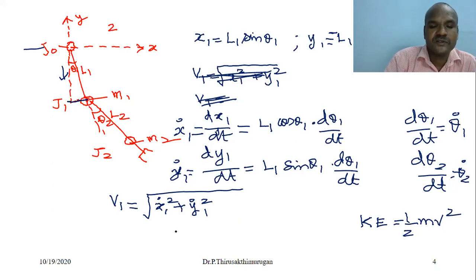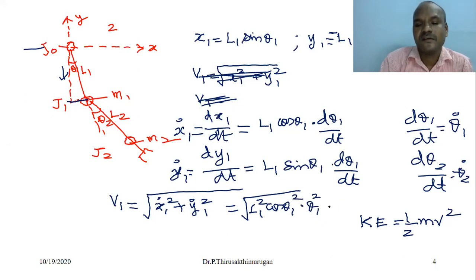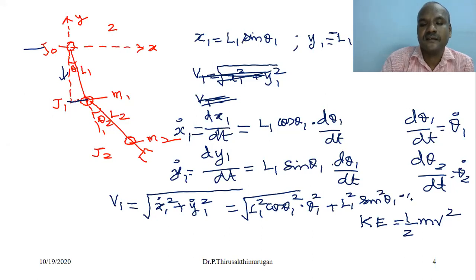Please substitute the values: square root of L1 square cos theta 1 square into theta 1 dot square plus L1 square sin theta 1 square into theta 1 dot square.